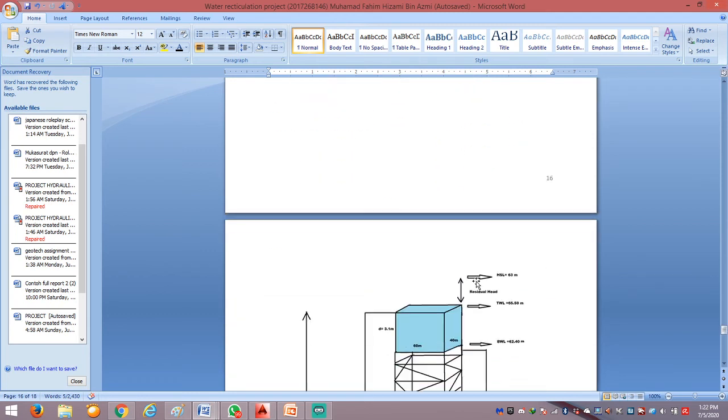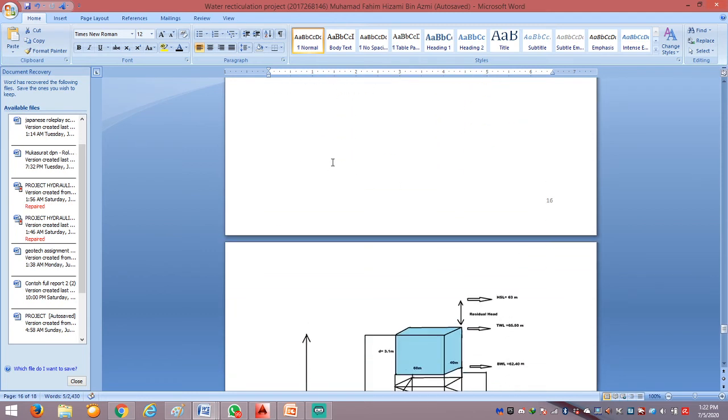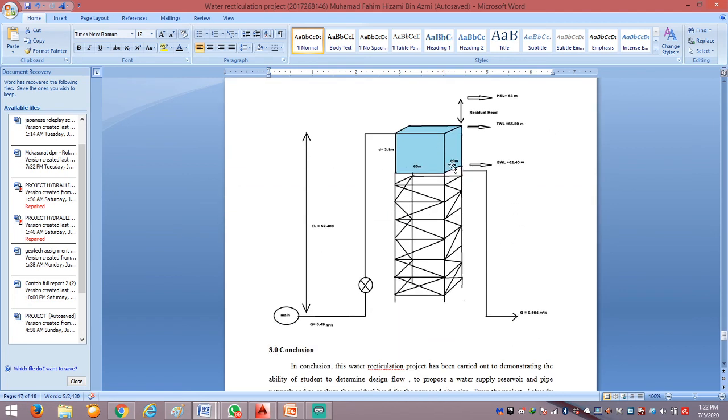So this is my water tank reservoir design. As you can see, this is the top water level, this is the bottom water level, this is HSL, residual, this is the elevation, and this is where the water is supplied to residential and industry.